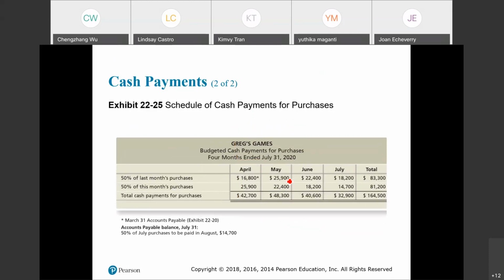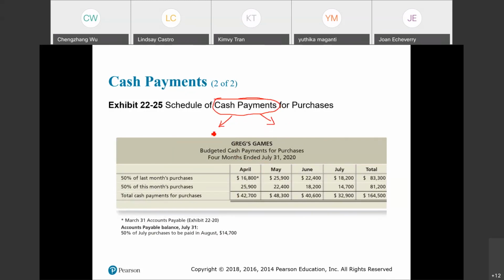Okay, next, cash payment. Budgeted cash payment for purchases. Regarding cash payment, there are two outflows.